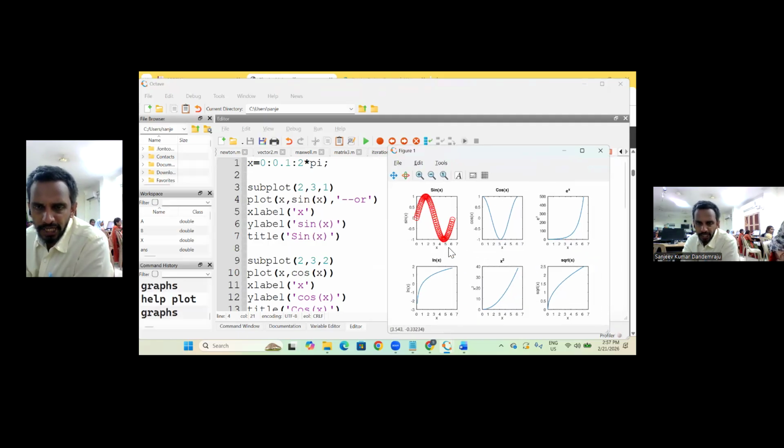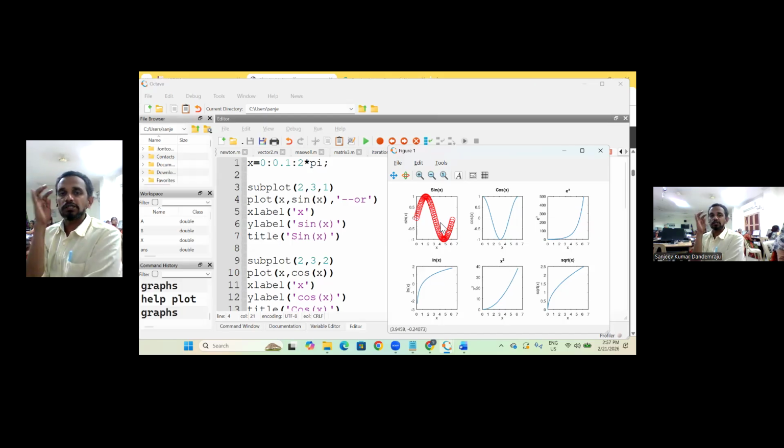There is a dash line, each point is marked as a circle, and it is in red color. You can edit whatever way you want, and all options are provided in help. You can get help for any command that you are using.